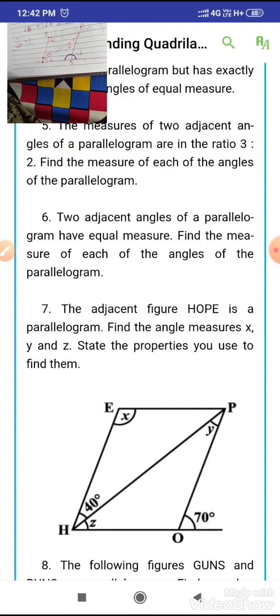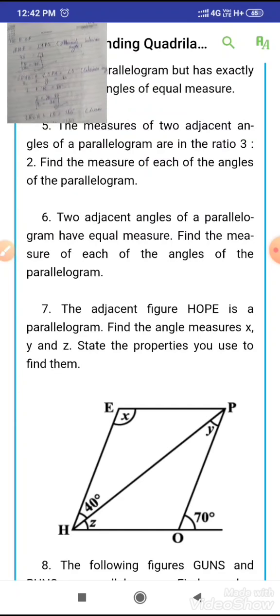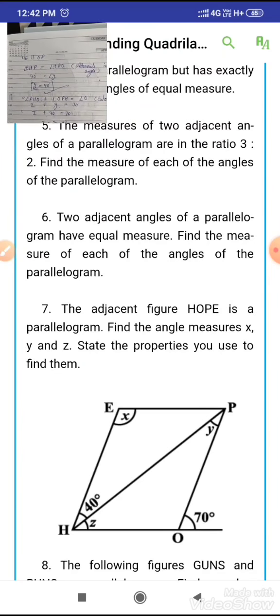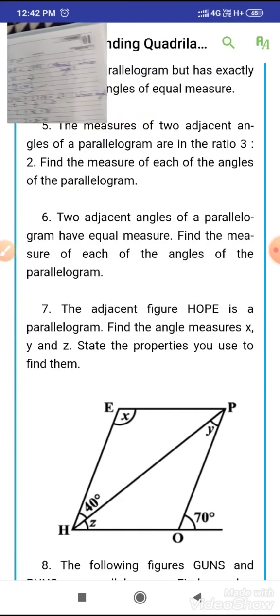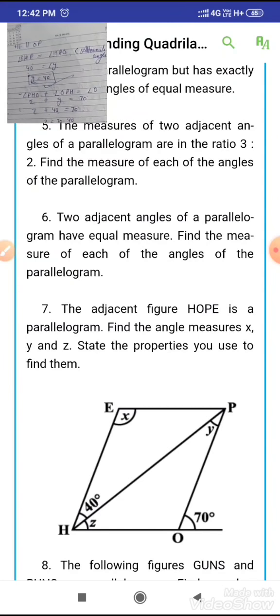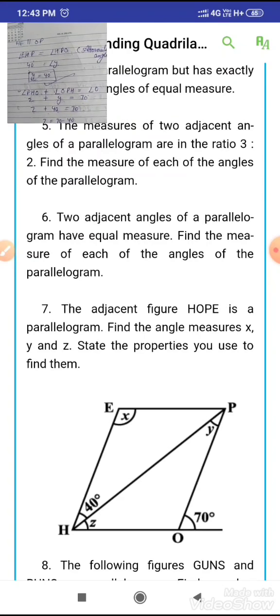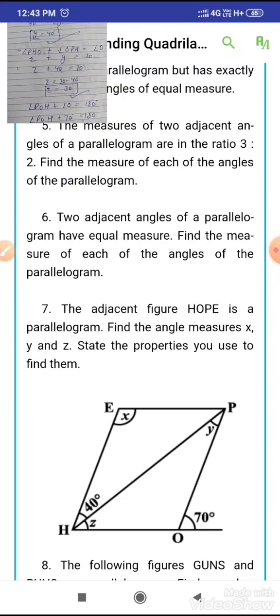So HE is parallel to OP, and angle EHP is equal to angle HPO by the alternate interior angle property. Value of EHP is 40 degree and value of HPO is y. So y is equal to 40 degree.